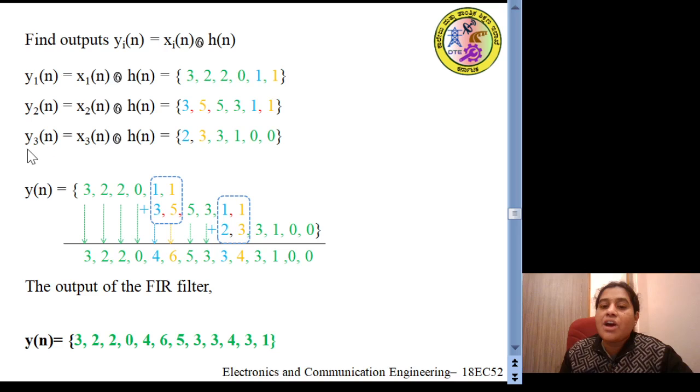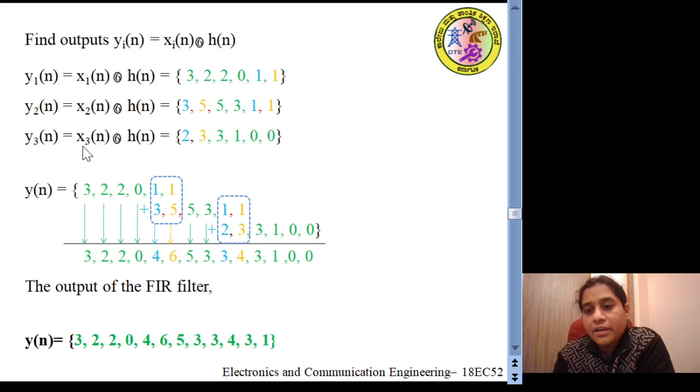And similarly, the last output block y3 of n can be obtained by 6-point circular convolution of the third block of input with the system impulse response h of n. So the square matrix x3 of n is multiplied with the column matrix h of n to obtain the samples 2 3 3 1 0 and 0.